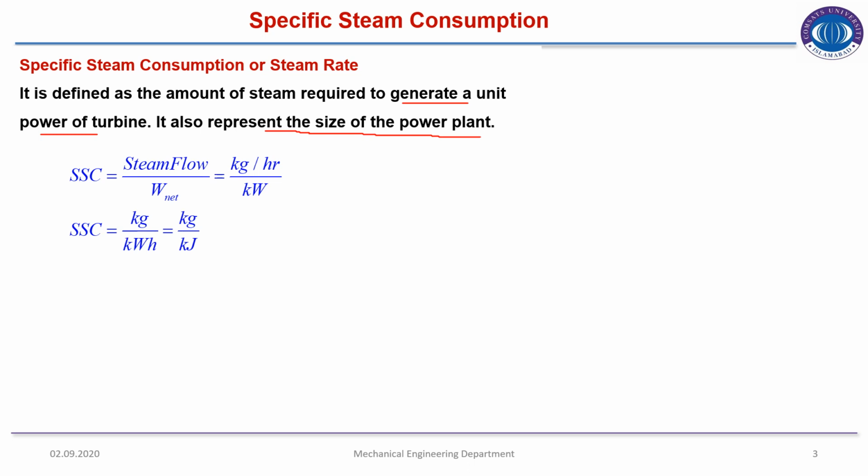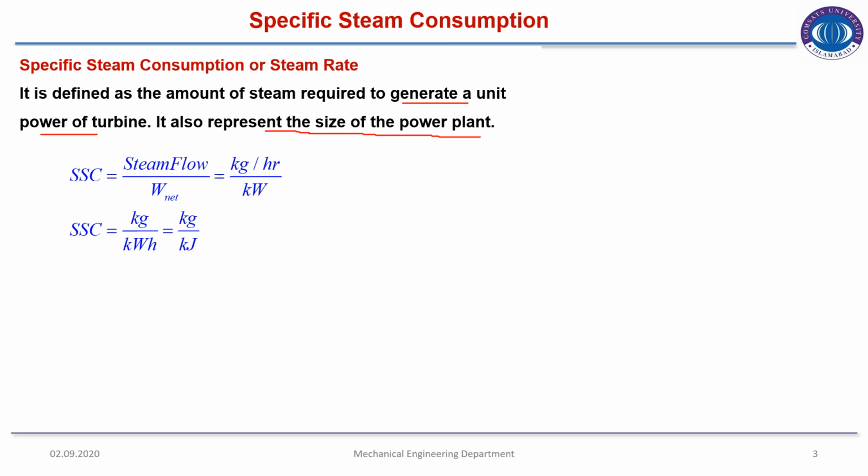So the mathematical relation to calculate specific steam consumption or steam rate is that the steam flow divided by W net. So W net is the amount of power that is generated by the turbine.